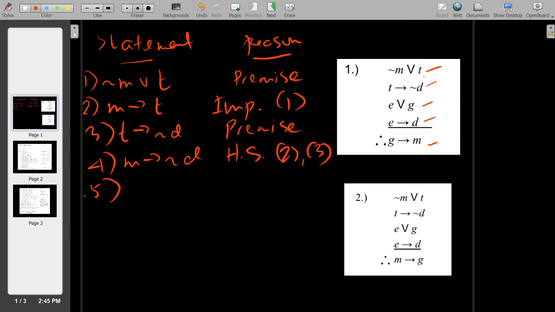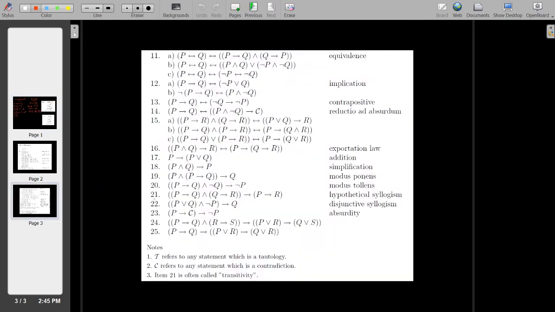Let's check hypothetical syllogism: if P implies Q and Q implies R, therefore P implies R. This is also referred to as transitivity.